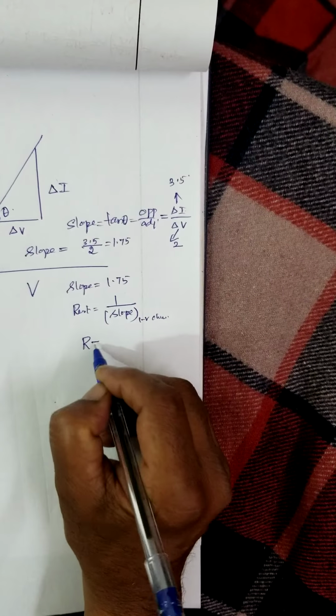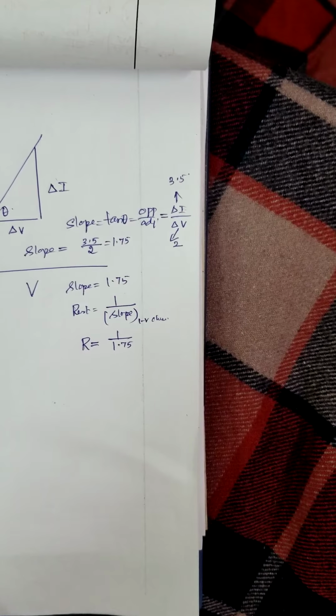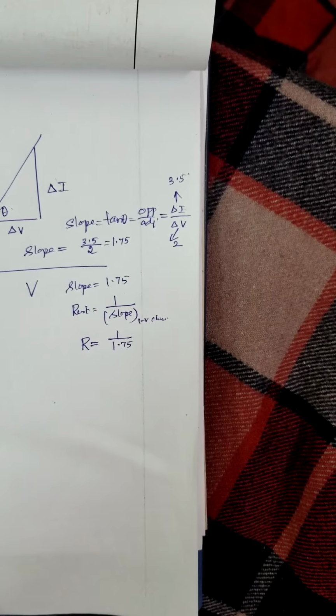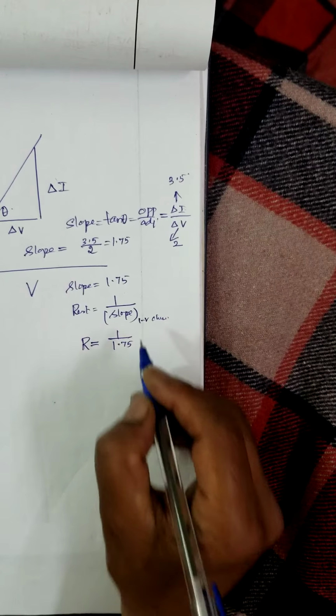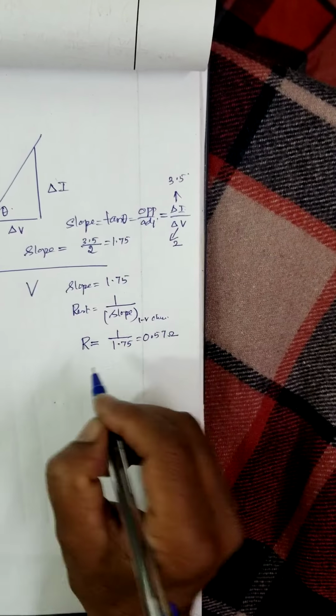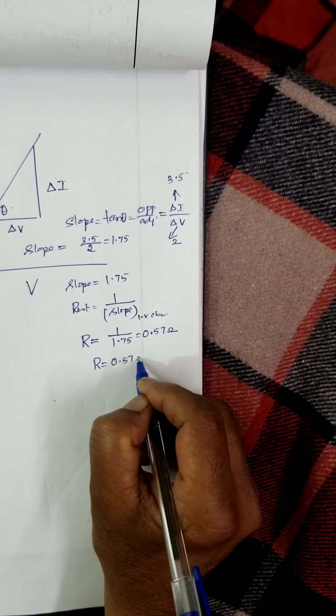Therefore, resistance is equal to 1 by 1.75. 1 divided by 1.75 equals 0.57 ohm. Therefore, resistance is equal to 0.57 ohm.